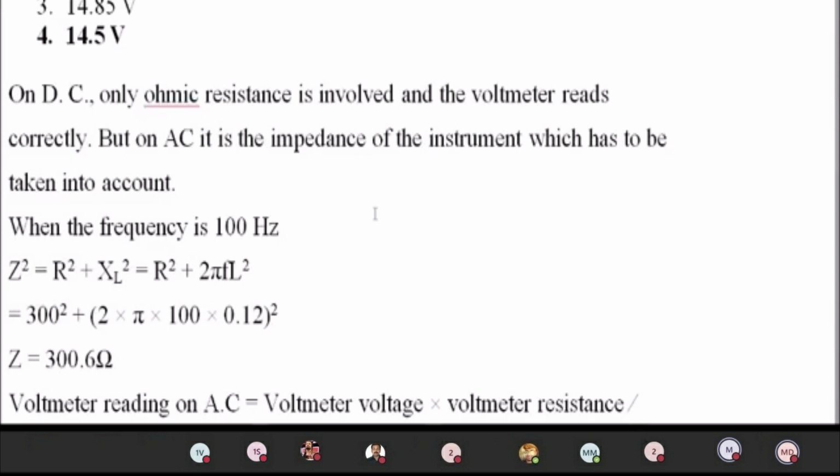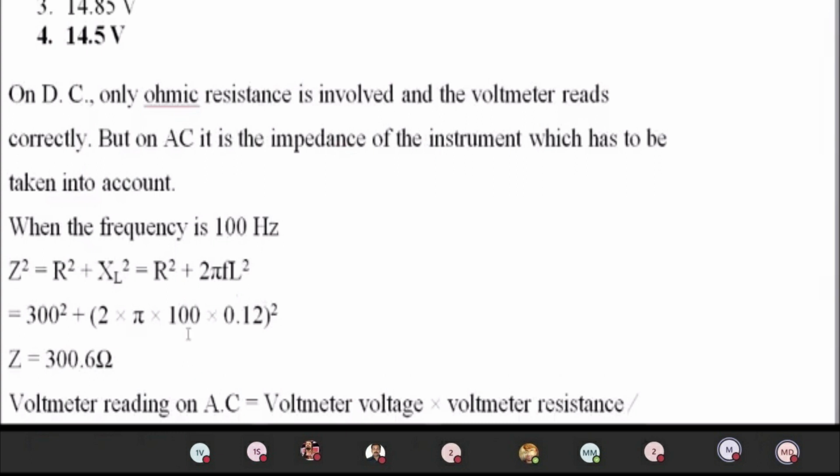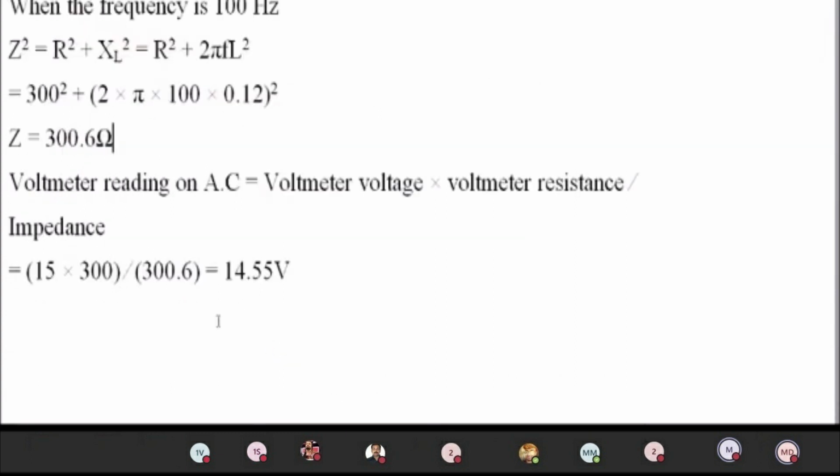We use XL here instead of XC because only the inductance value is specified. XL we can change as 2 pi F L, which is the general formula. So it will be R square plus (2 pi F L) the whole square. F value is given as 36. Substituting all the values, you will get the total impedance of the circuit as 300.6 ohms.